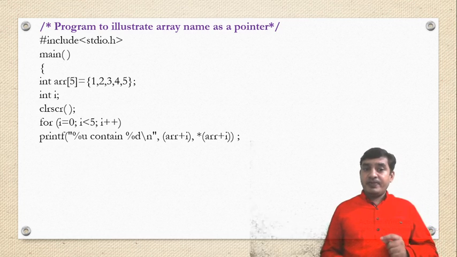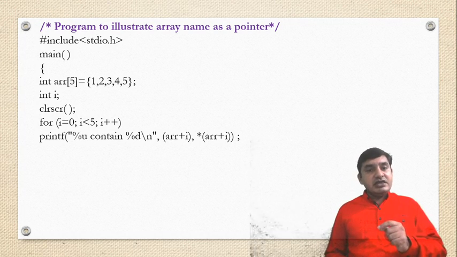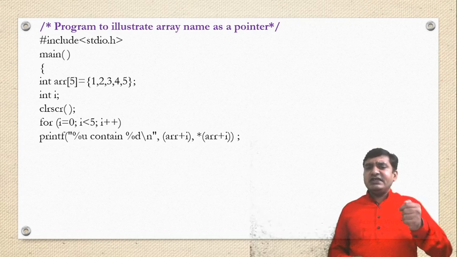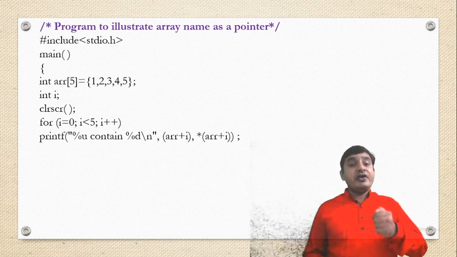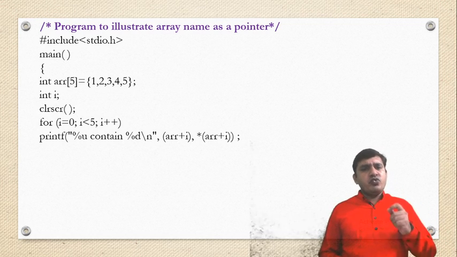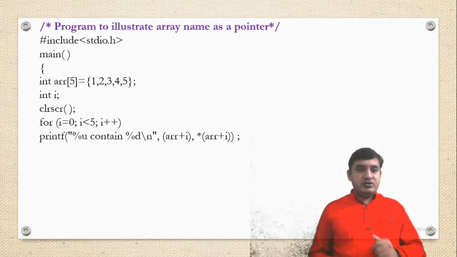Okay, i is 0. Then we take elements of the array, and these elements are 1, 2, 3, 4, 5.